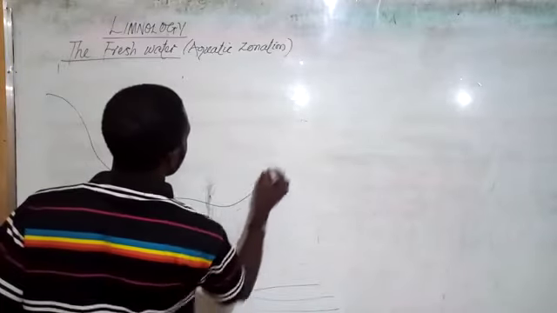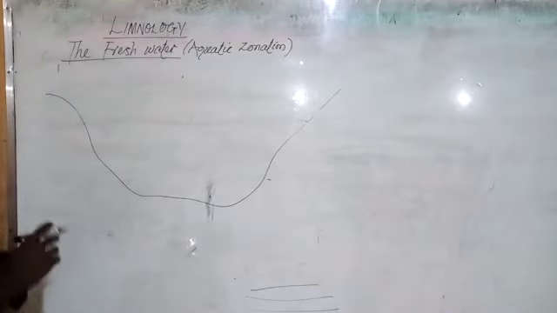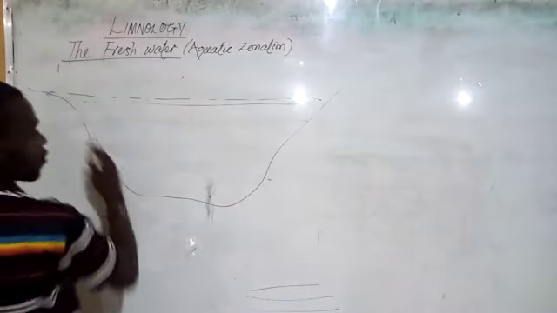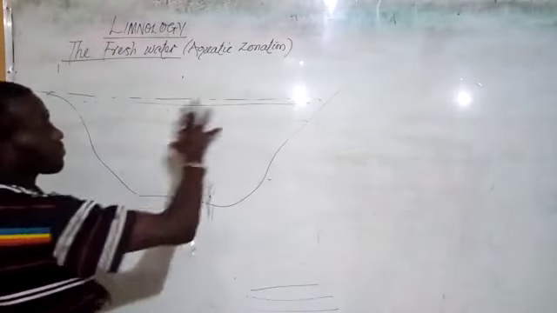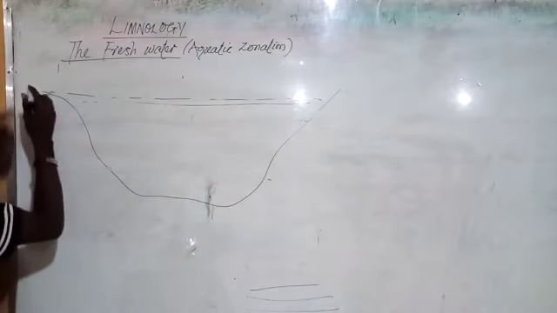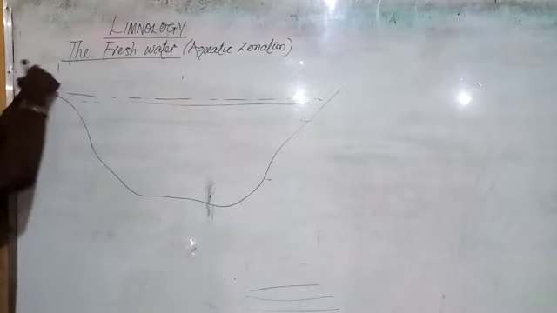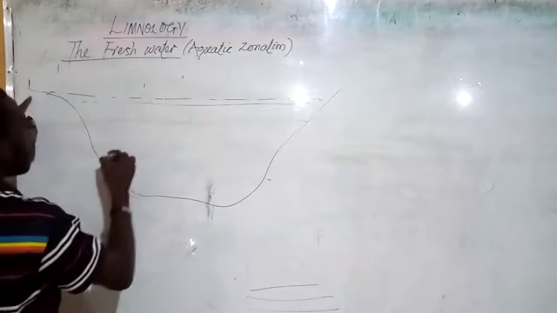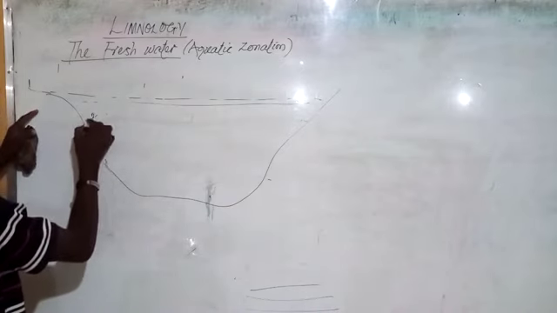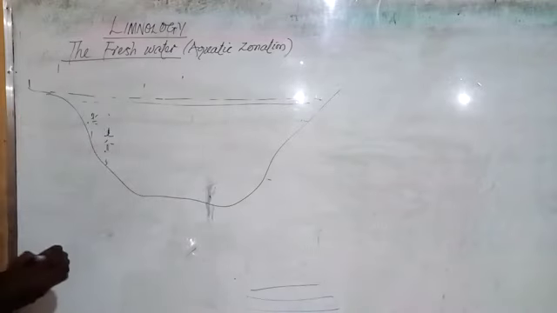A typical lake takes this shape, and then this is the water. So it forms this basin and is then filled with water. Now, from the land, which is the shore, to the portion of the water where plants subsist.